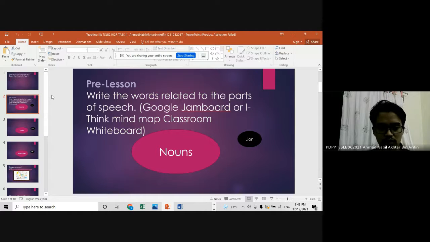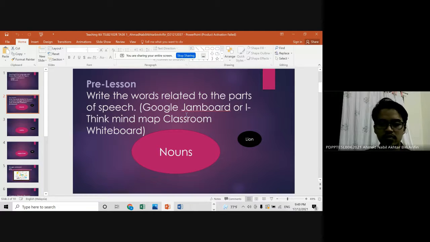The first activity in the pre-lesson would be to write the words related to the parts of speech. As the teacher, you can do a brainstorming activity with your students.